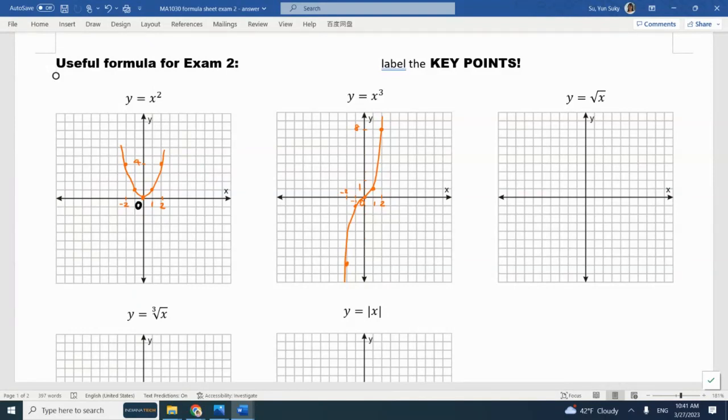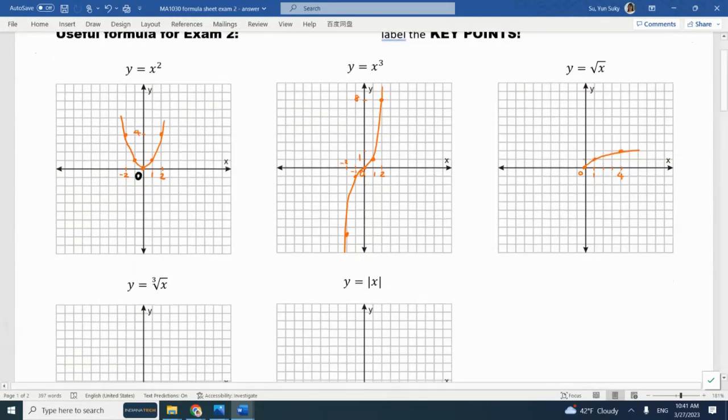Okay. Square roots. What are the key points? (0, 0), (1, 1), and for 2, do you do square root of 2? No. (4, 2). Exactly. How many key points? Only 3 for square root of x. Okay, keep going.